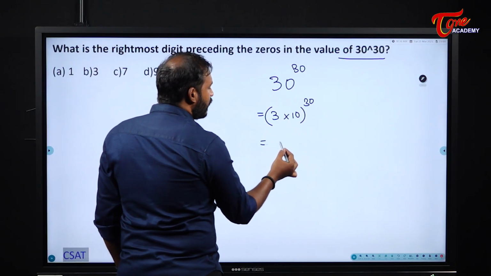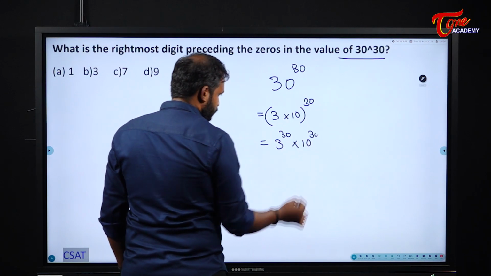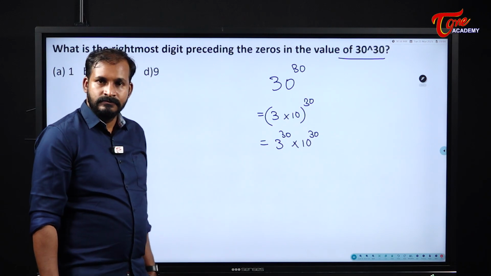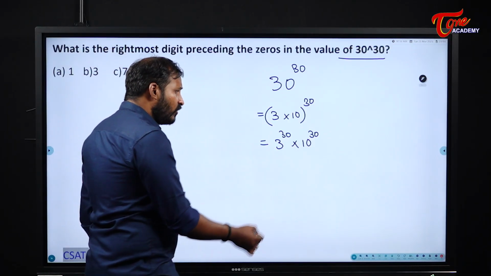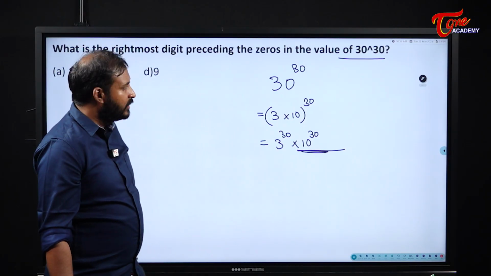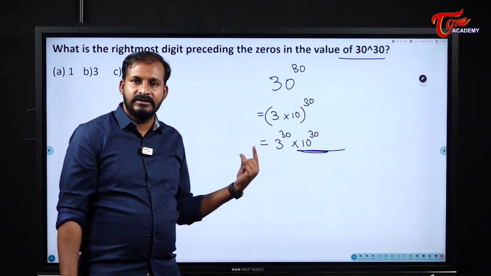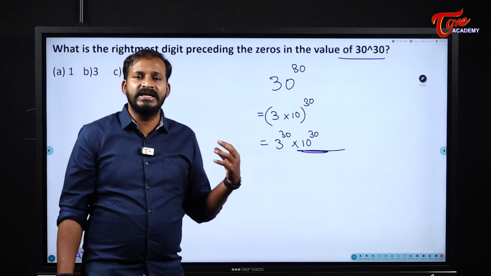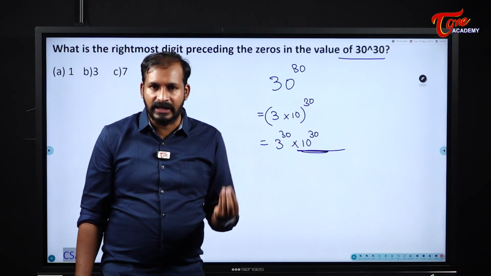So this will become 3 power 30 into 10 to the power of 30. Now this part will become zeros. And they are asking for the rightmost digit, that is the unit digit of 3 power 30. Indirectly they are asking us to find the unit digit of 3 power 30.